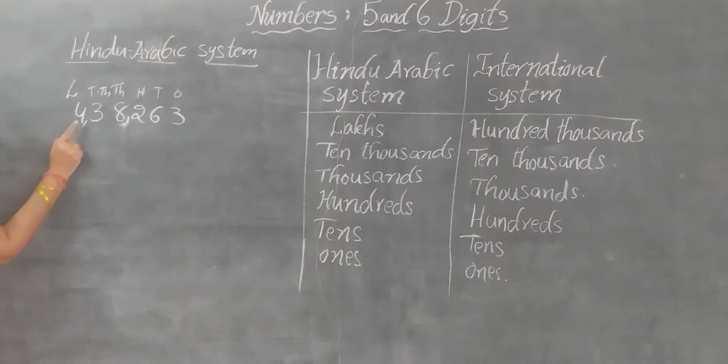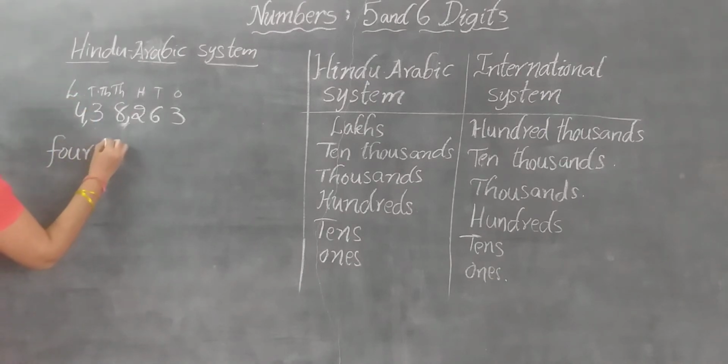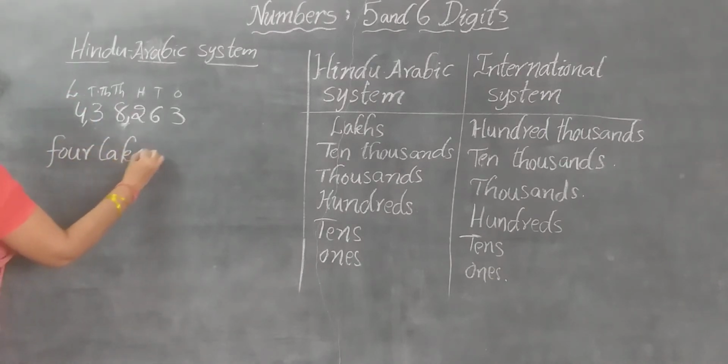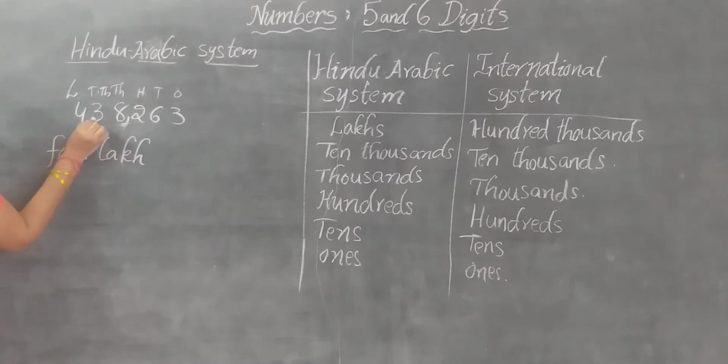Let's read. 4. Which place? 4 is in lakhs place. So 4. Say 4 lakhs or thousands? Yes, 4 lakhs. 4 lakh. Next, 3 in 10,000s place.